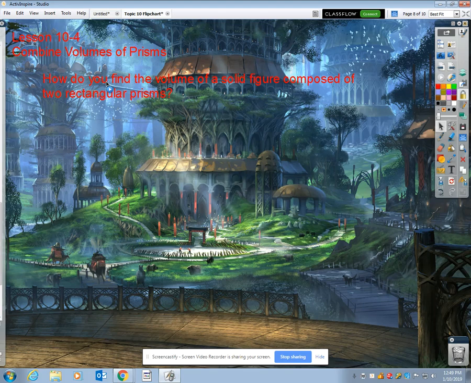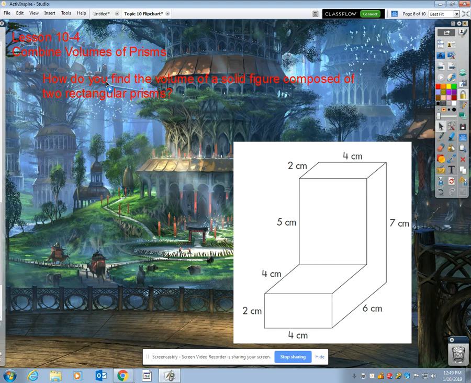We might have a shape that looks something like this, where we have our rectangular prism, and that rectangular prism is broken down into kind of an oddly shaped prism. And rather than just multiplying all of the numbers that we see, because typically we only look at the length, the width, and the height, we can't do that with this prism because it's irregularly shaped.